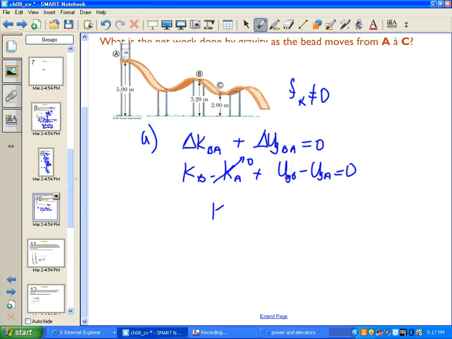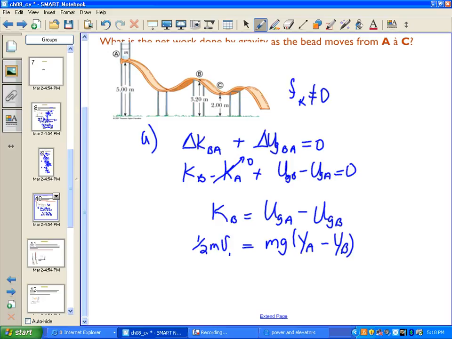And so here, K_B will be equal to U_G,A, which becomes positive when we transfer it to the other side, minus U_G,B, which becomes negative. This is none other than mg(y_A minus y_B), and K_B equals 1/2 m v_B squared.